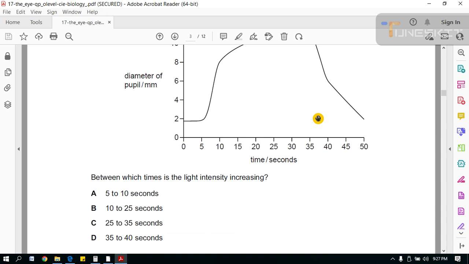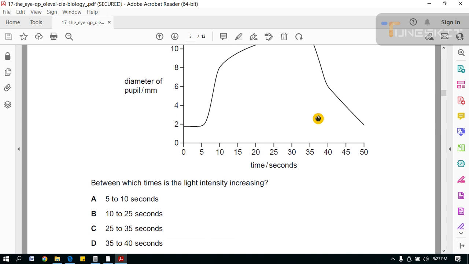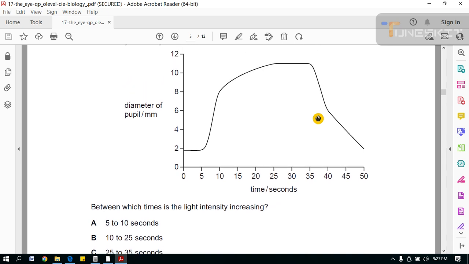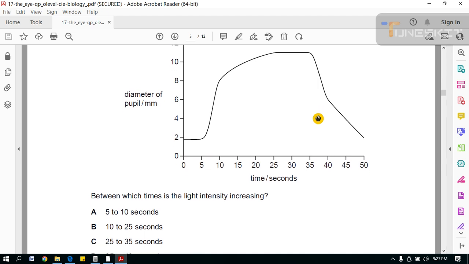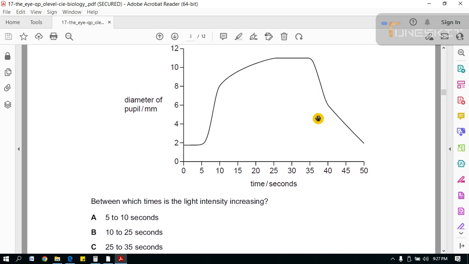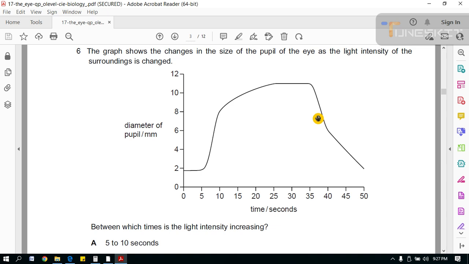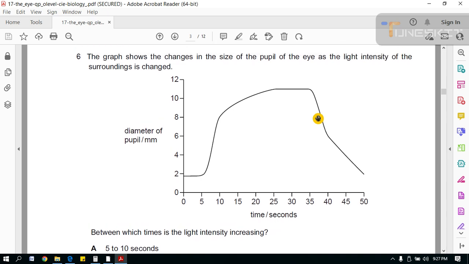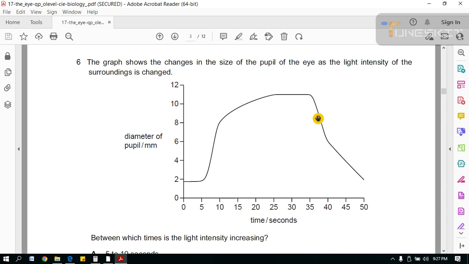So you can observe this graph, and then we come to the question: between which times is the light intensity increasing? 5 to 10 seconds, 10 to 25 seconds, 25 to 35 seconds, 35 to 40 seconds. When you see the change in the light intensity, it shows the changes in the size of the pupil of the eye.